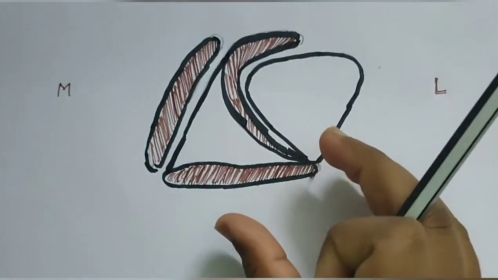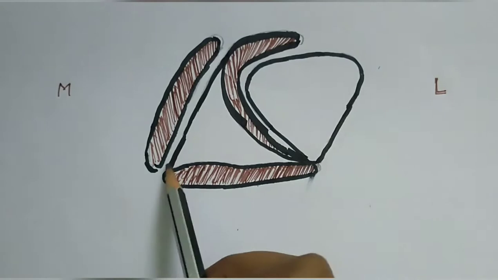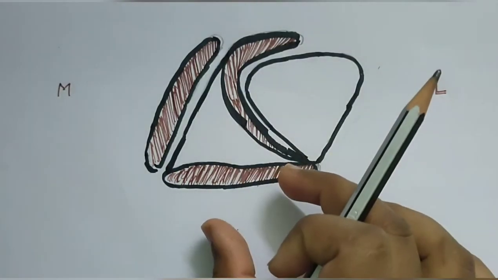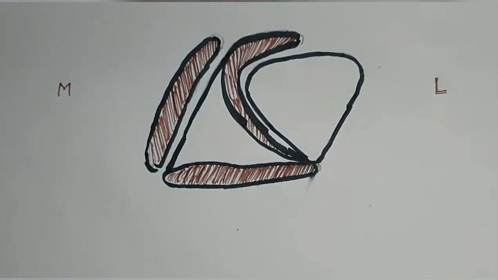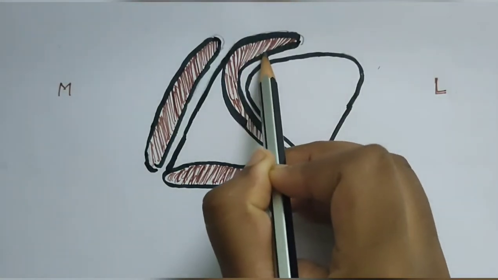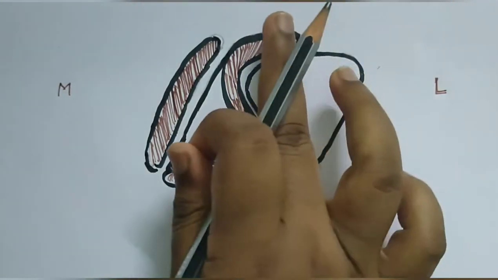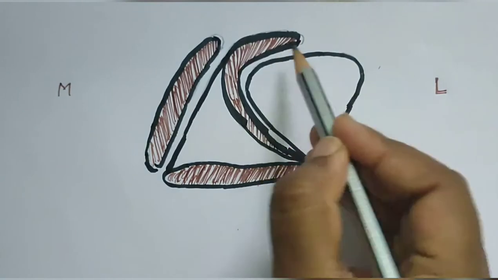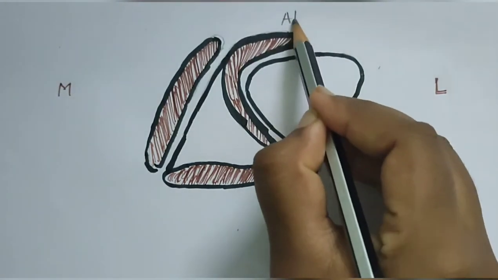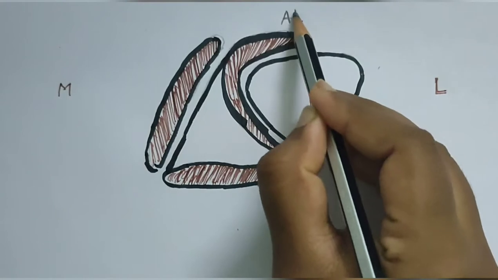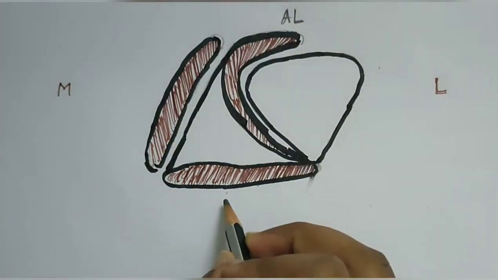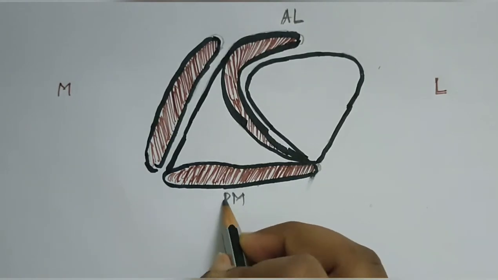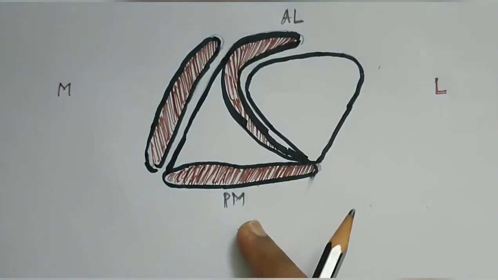This is the cross section. In cross section we can see the adductor canal as triangular in shape. This is the anterolateral border, the anterior view on the lateral side. And this is the posteromedial border.